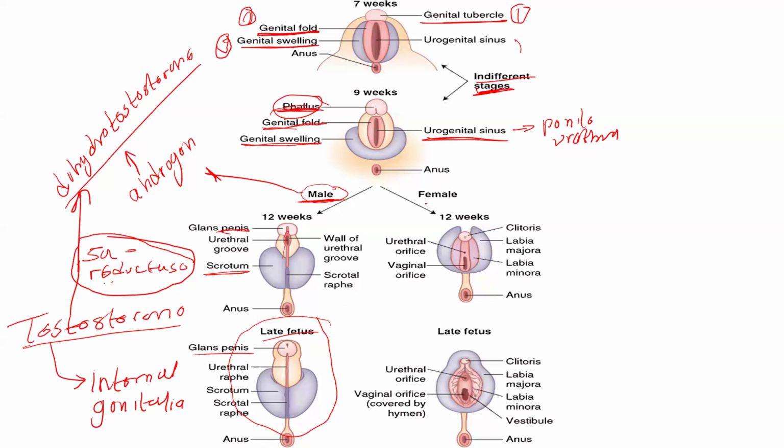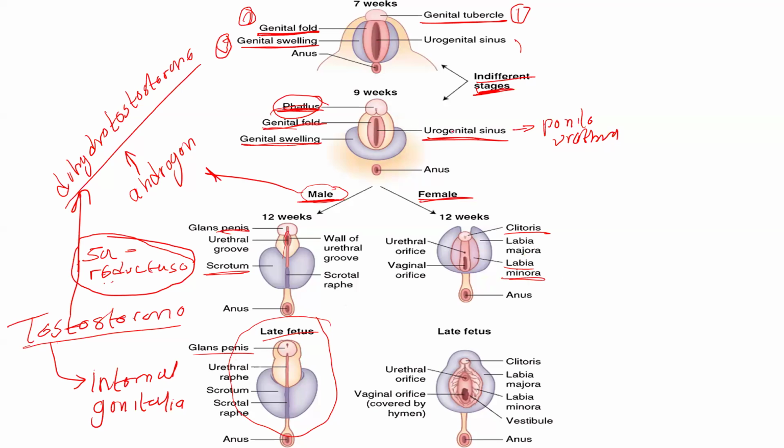Now in females, remember, it's a default pathway. If androgens are not there, the phallus will not elongate further and will give rise to the clitoris. The urethral folds will not fuse, and they form the labia minora.